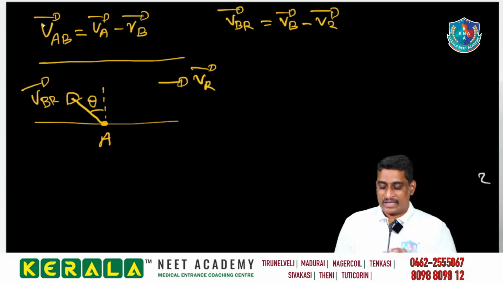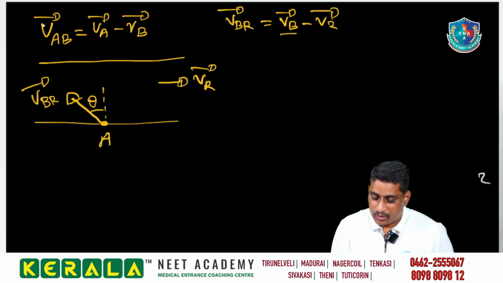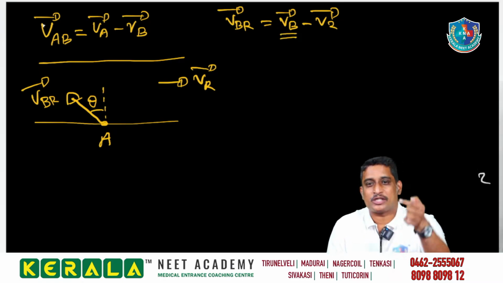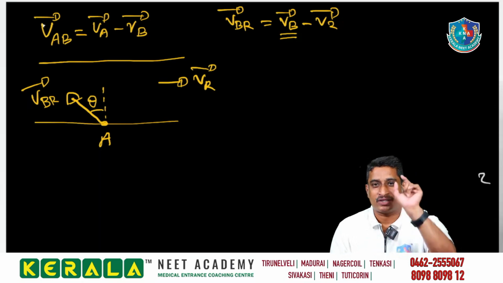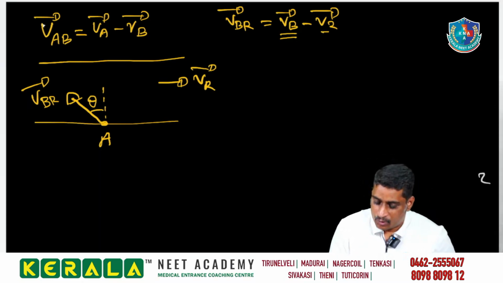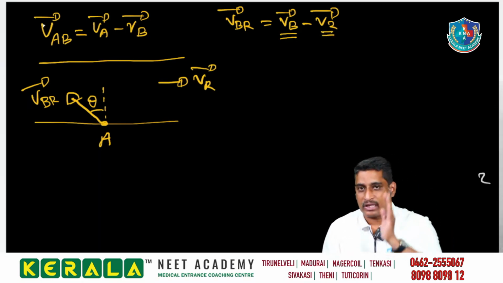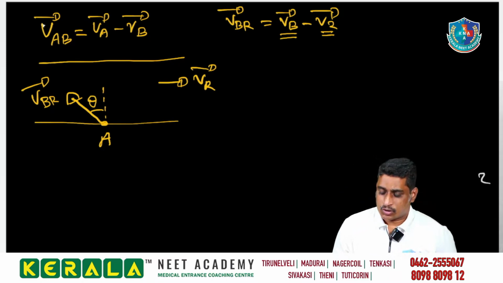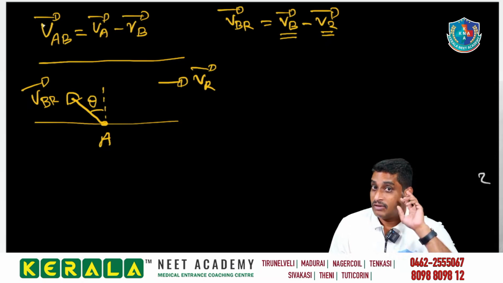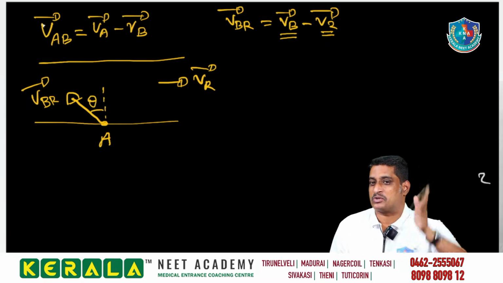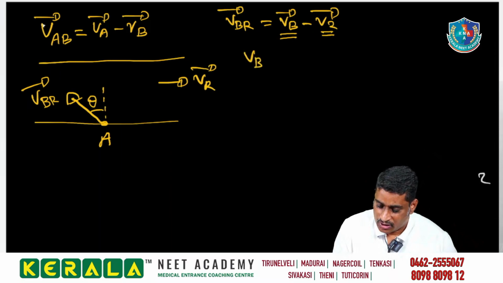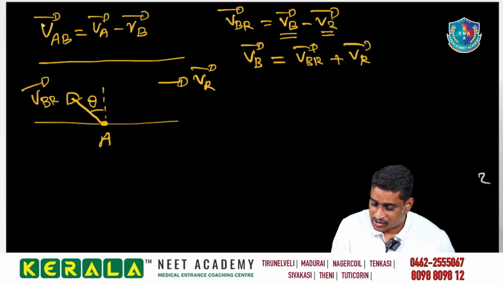In this equation, VB bar represents velocity of the boat with respect to the ground. In fact, we are interested in that particular part. VR bar represents velocity of the river with respect to the ground. So from this relative velocity equation, if you want to calculate velocity of the boat with respect to the ground, we should write like this: velocity of the boat is equal to velocity of the boat with respect to river plus velocity of the river.